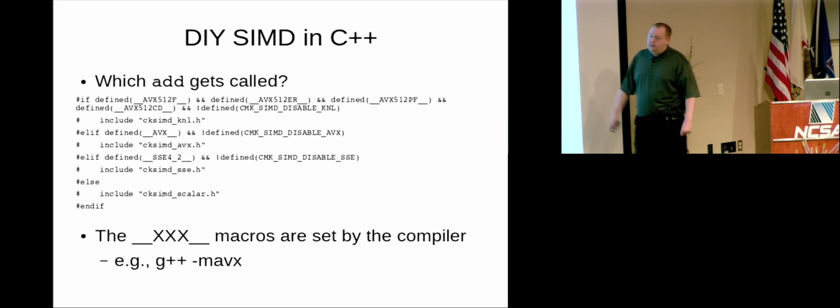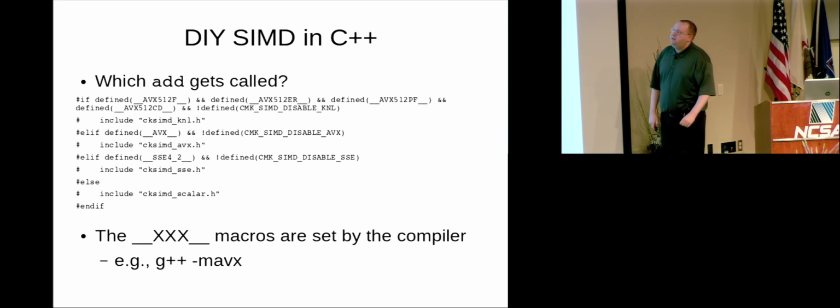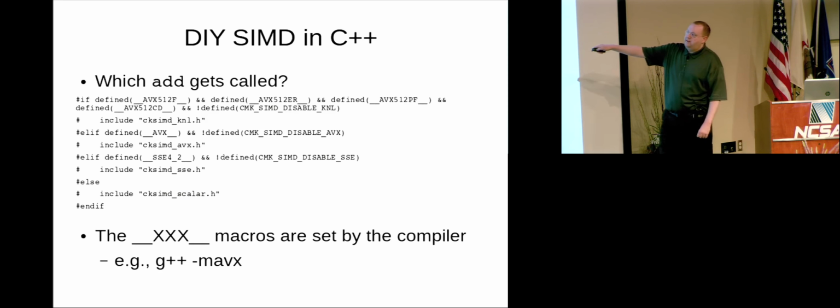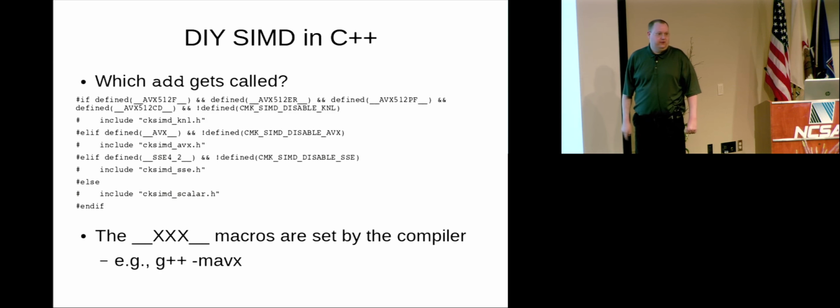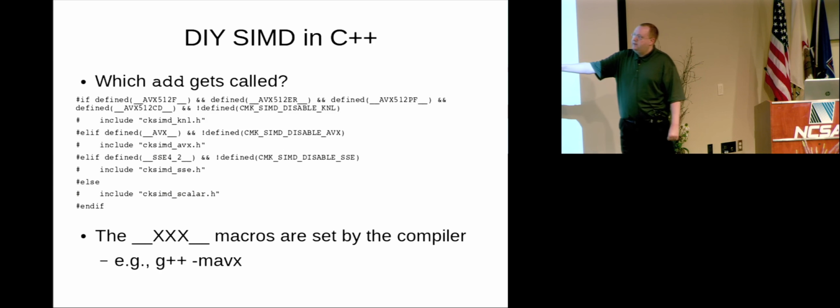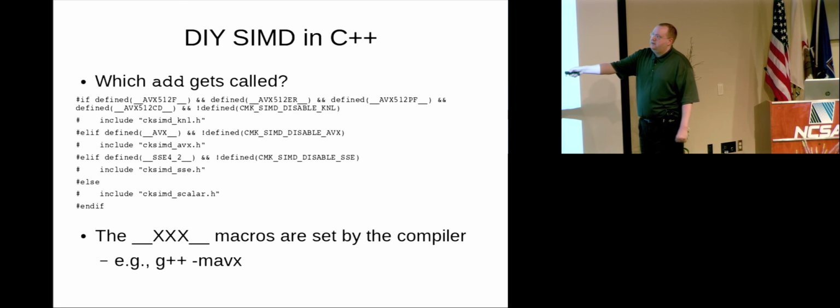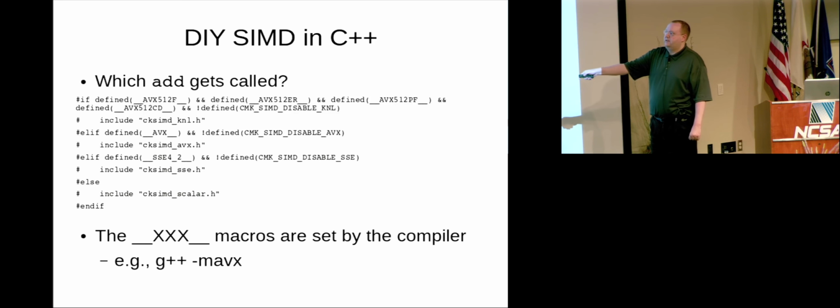And how it does this, or how it figures out which add gets called, is you, at compile time, pick your architecture, right? So you have several of these macros here, the AVX-512s, or the regular AVX, or the SSEs, or whatever. I also have scalar support.